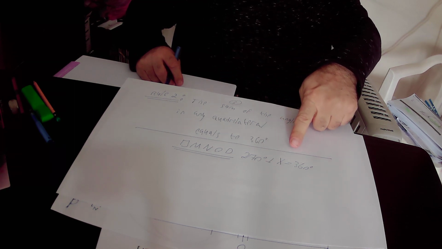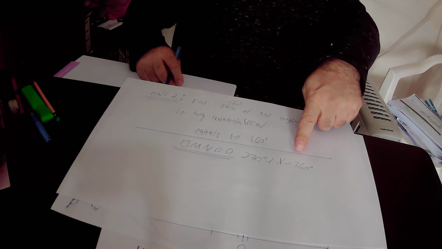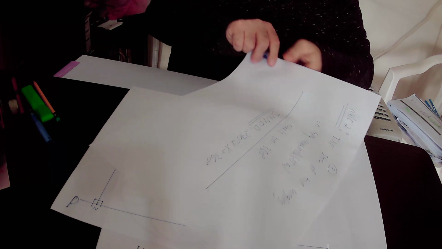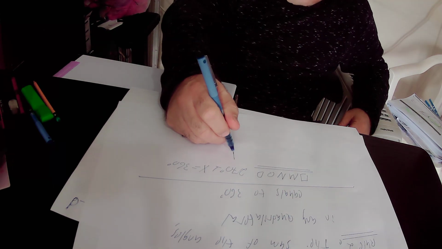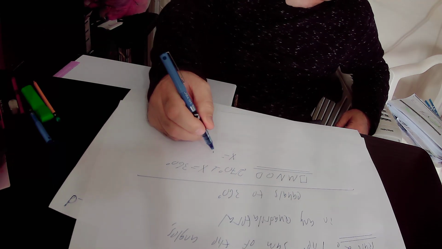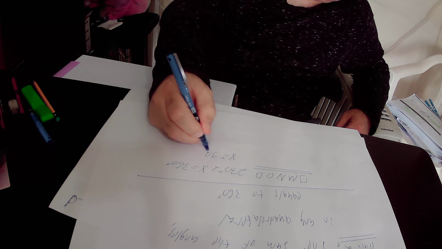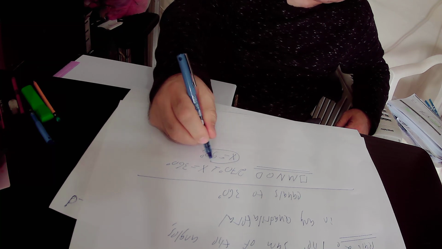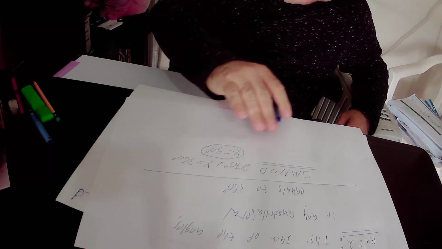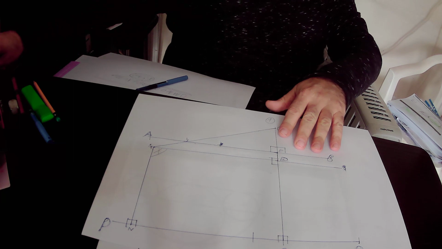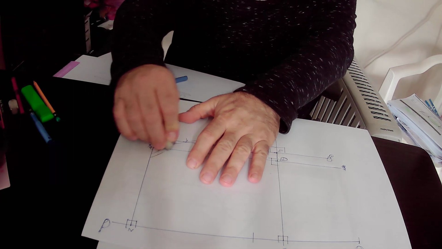So here we will subtract 270 degrees from this equality and we get that angle x equals 360 degrees minus 270 degrees, which is 90 degrees. So we found that angle x is a right angle, it equals 90 degrees. So we can change x to 90 degrees.